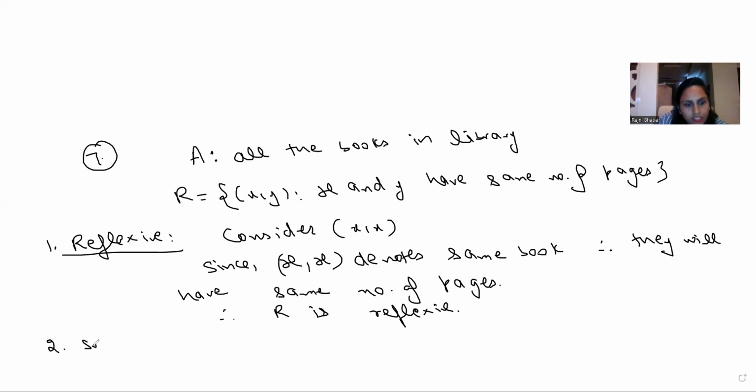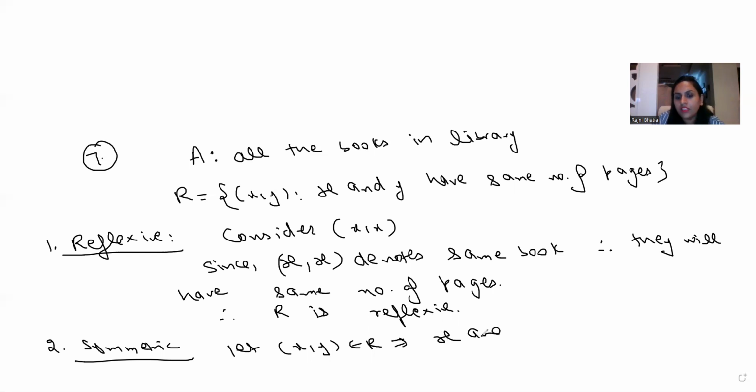Now we'll move to symmetric. Now how do we prove symmetric? We will write, let (x, y) belong to R. Now, if (x, y) belongs to R, this implies books x and y will have the same number of pages.